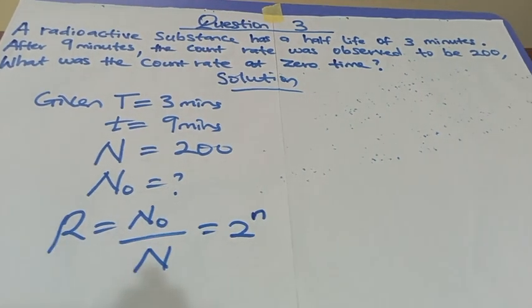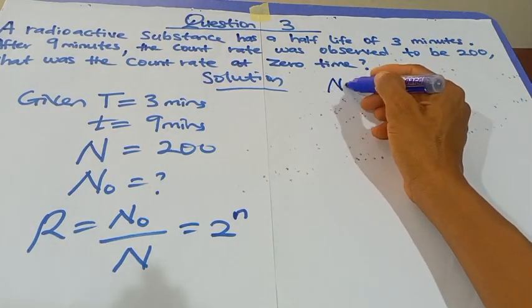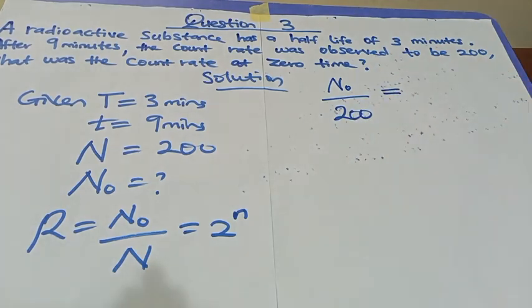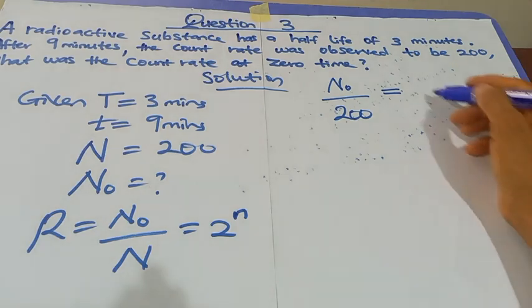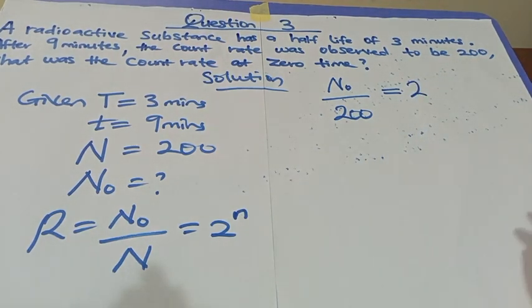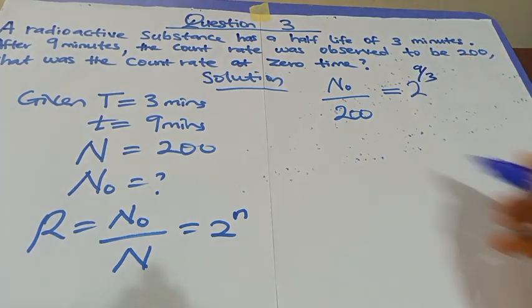We'll go on and solve and have it that N naught over N, with N being 200, is equal to 2 raised to power n. Remember, n is small letter t over capital letter T, which is 9 over 3, that is 3.